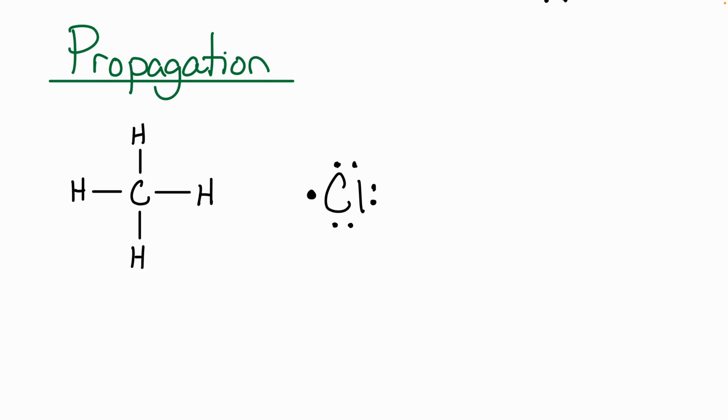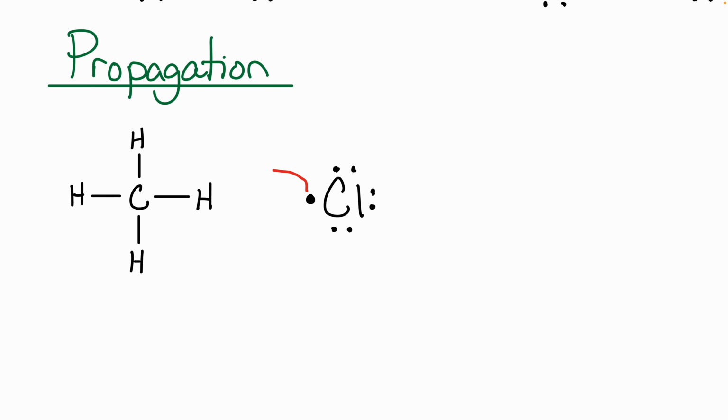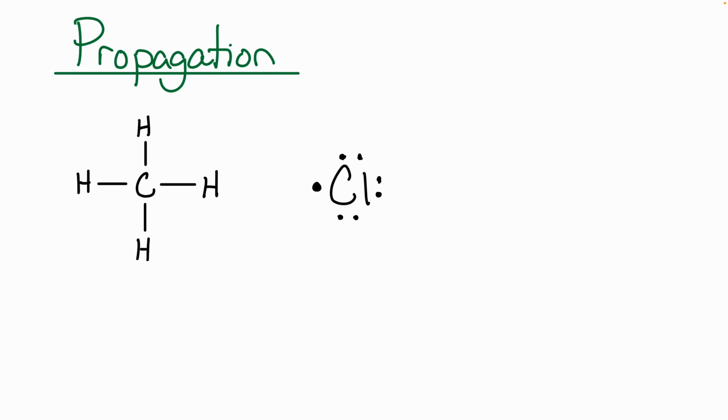there's a few things that are different about them with our fishhook arrows. Normally we have this rule where our arrow has to start at a pair of electrons and end at an atom here. But importantly, it's not a pair of electrons that we have. It's a single electron. And I need another electron from this bond over here. So instead, our bond formation arrows with our fishhook look like two arrows that are pointed at the same location where that new bond is going to be.